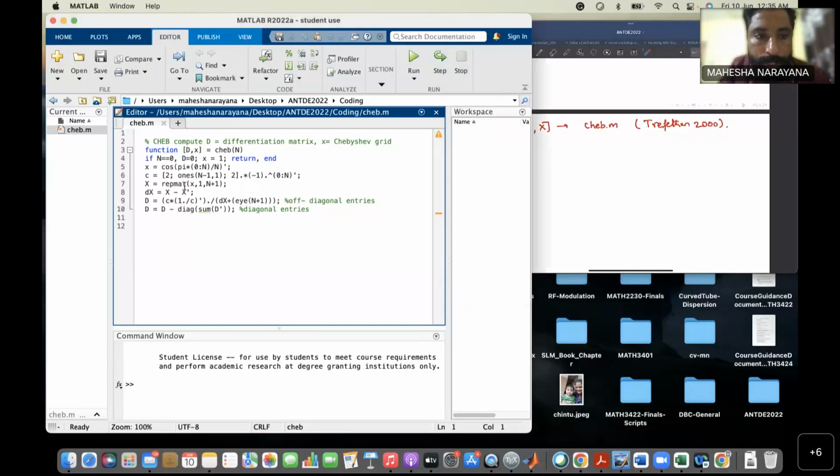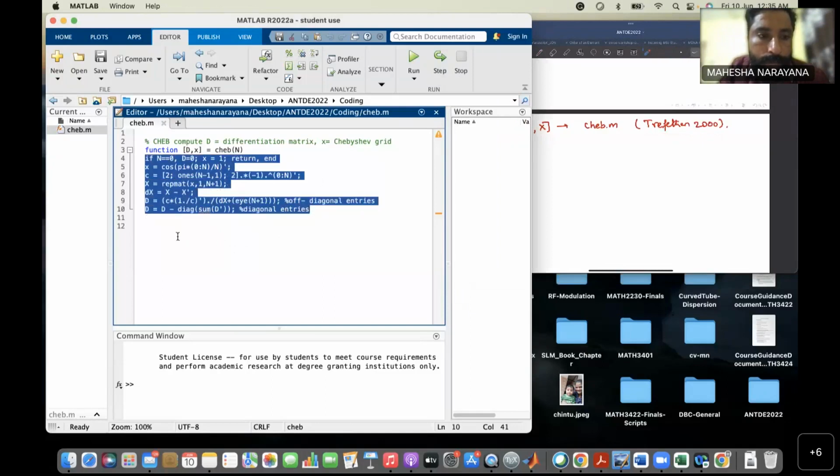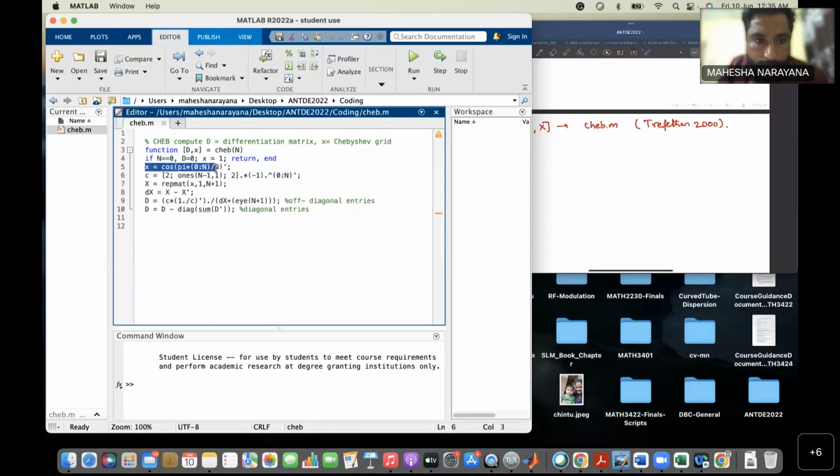So this M file is taken from that textbook. And you see that x is defined to be the collocation points, cos(jπ/n), where j is varying from 0 to n. And c is that constant.